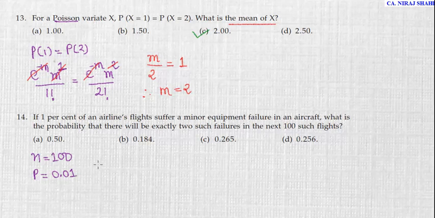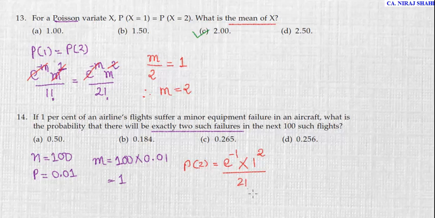So we can say here m, the average, is 100 into 0.01 is equal to 1. Now we want exactly 2 such failures. Let's apply the formula. P2 is equal to e raised to minus 1, because the value of m is 1 here, into 1 raised to x, x is 2, P2 we have to find out, divided by 2 factorial.